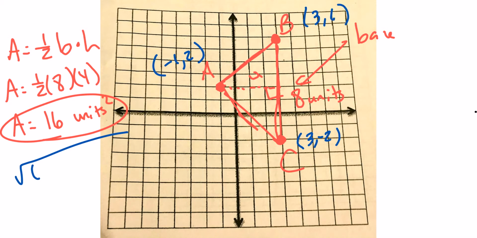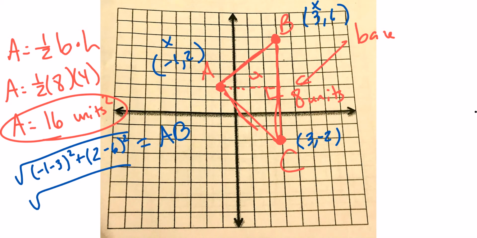Now, I'm going to do the length of AB. So I'm going to use the x's for A and B. So I'm going to do (-1 minus 3) squared plus (2 minus 6) squared.